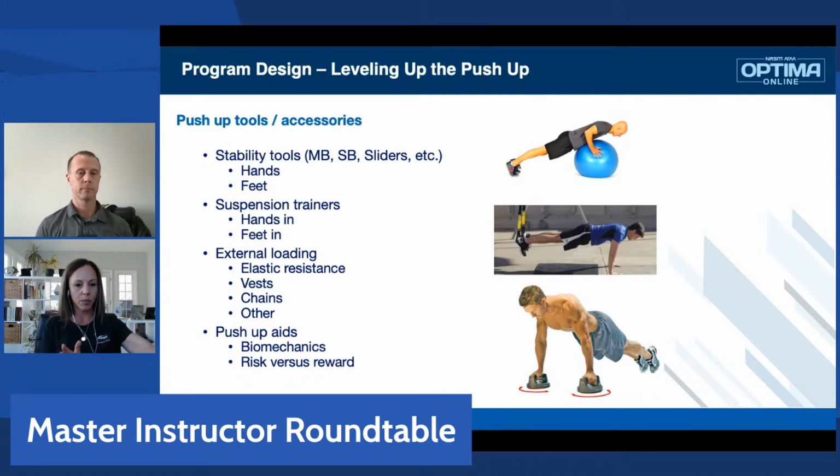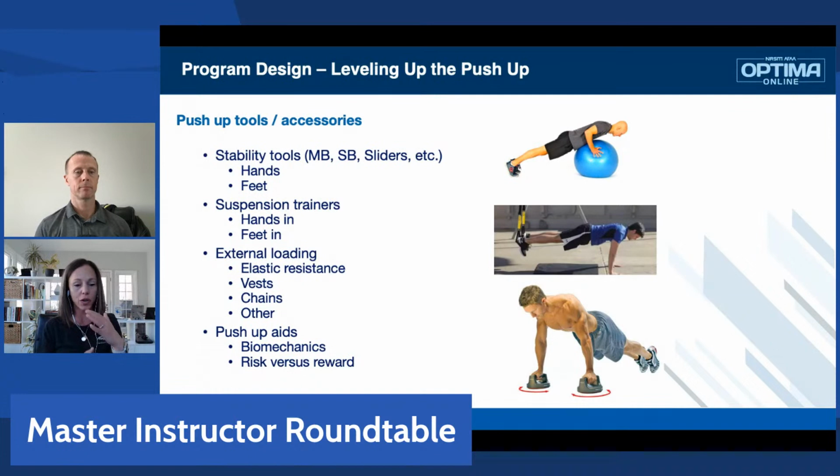Maybe put the stability ball up against the wall, or you stand there and hold the ball just for safety, and make sure that they are over the ball, that it's not above their head, so therefore they're pressing and putting their shoulders in a compromised position. But you also want to think too, you are more upright when you're doing that. So as Marty said, you don't fight gravity as much, but the stability component is definitely increased. So when you're thinking about where your hands are being placed, yes, it's easier because of where they are, but it's harder from a stability standpoint. So definitely keep that in mind.